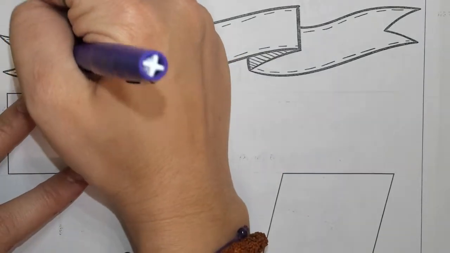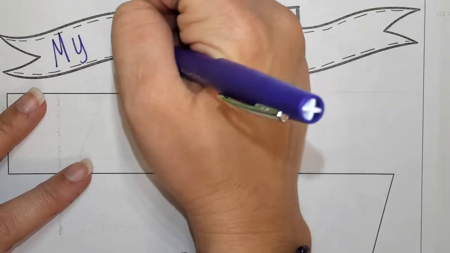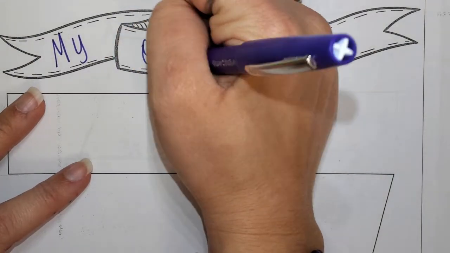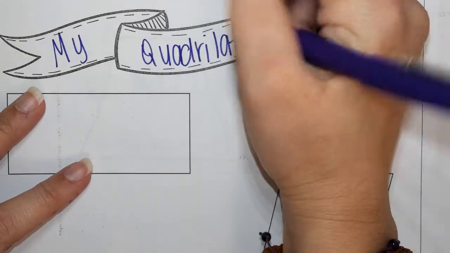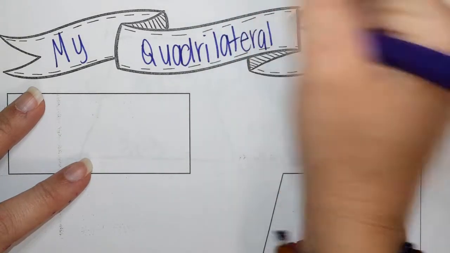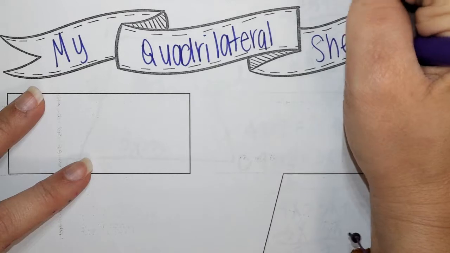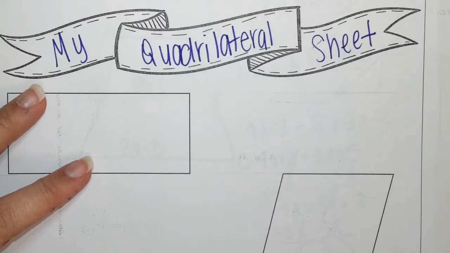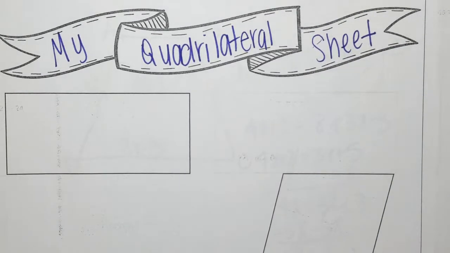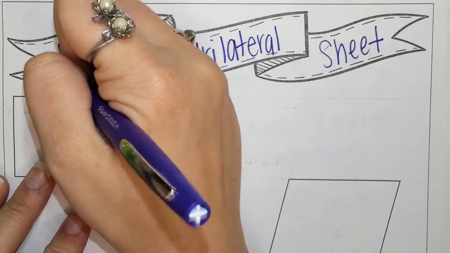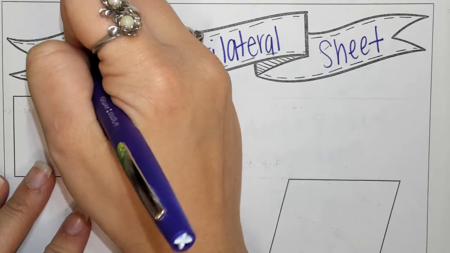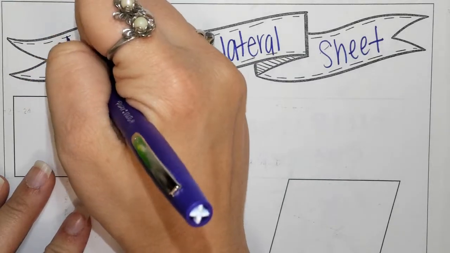I want you to write my quadrilateral sheet. And this is going to be our review sheet for our quadrilateral so that we can make sure that we're ready for our test, which is going to be when? Friday. This Friday, okay.